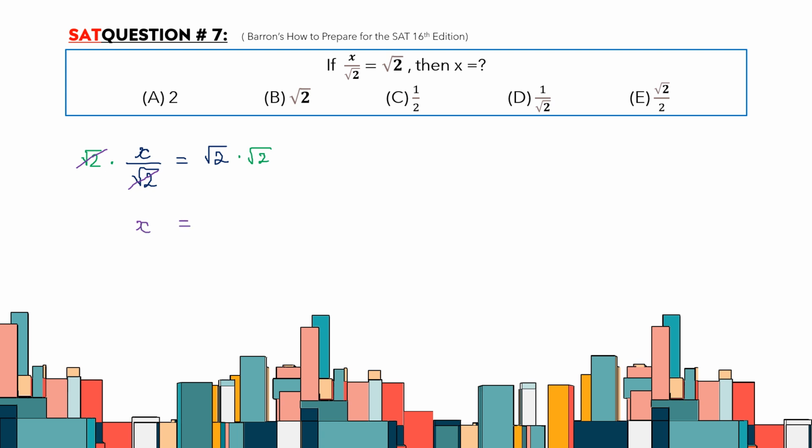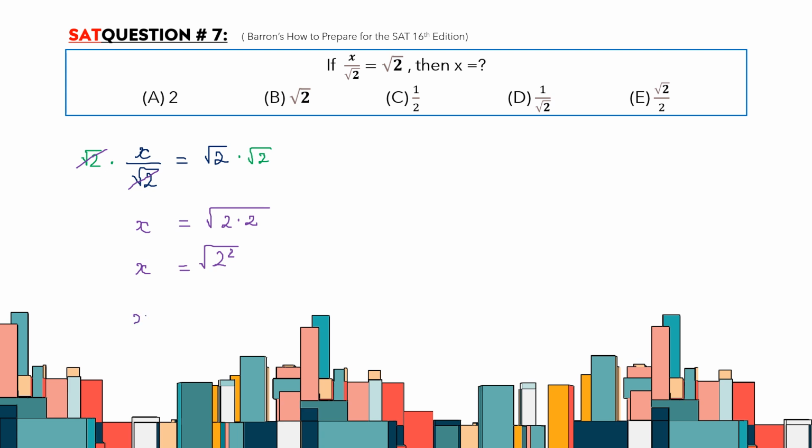x equals square root of 2 times square root of 2, which is square root of 2 times 2, or we can rewrite as square root of 2 squared. And the square with the square root cancel.